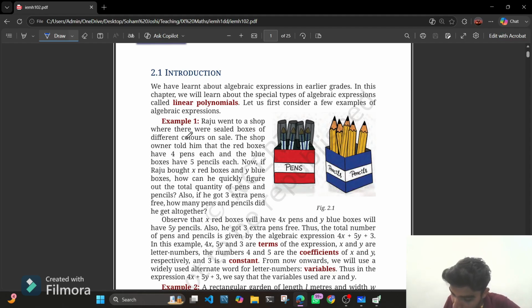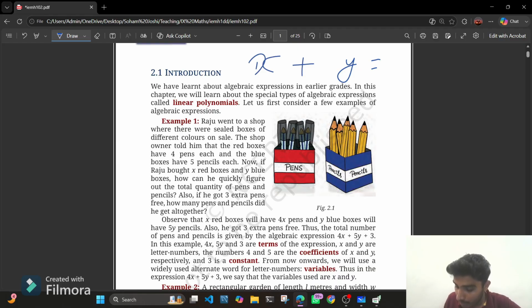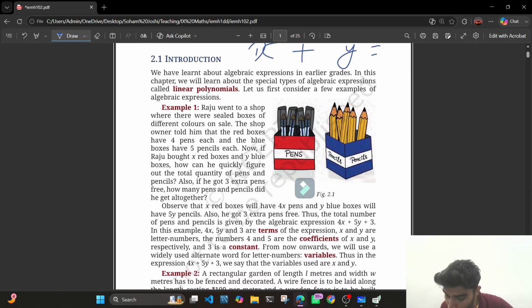Okay, so here we can say that, let's say, the box of pens is denoted by X, right? And the box of pencils is denoted by Y, and we need to find the total amount of pens and pencils in total, right? So we are given that each red box has 4 pens, and each blue box has 5 pencils, right?